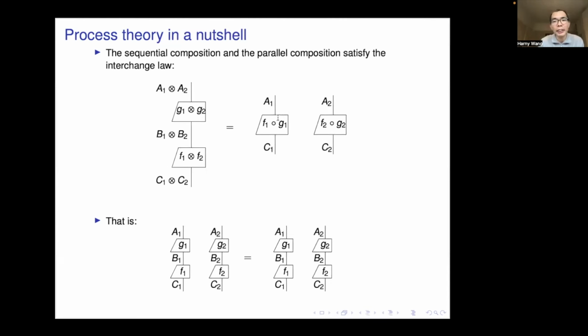So I will get this diagram. These are just two ways to compose these four processes, but essentially they are the same. So this should satisfy that these are the same processes.